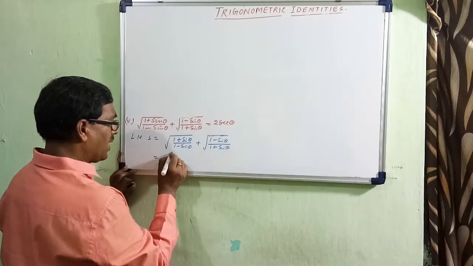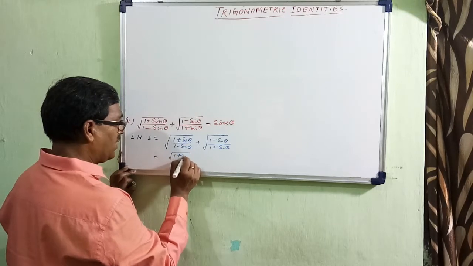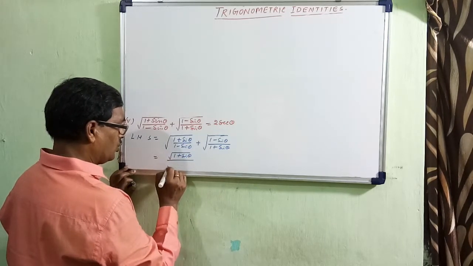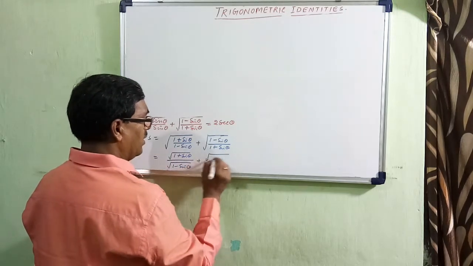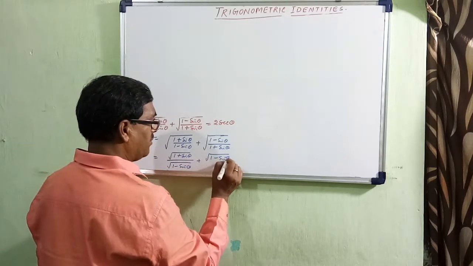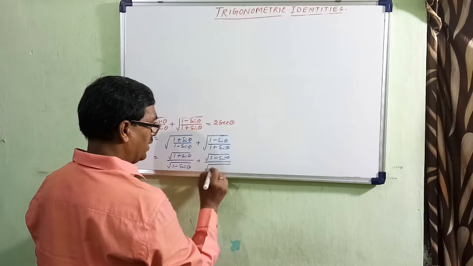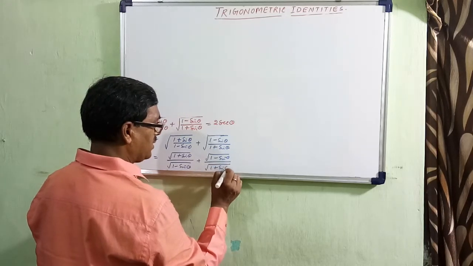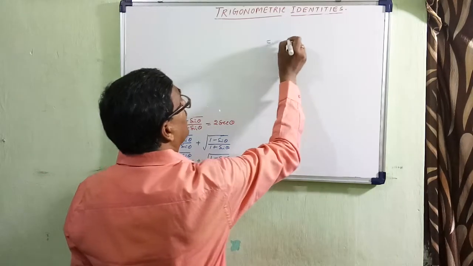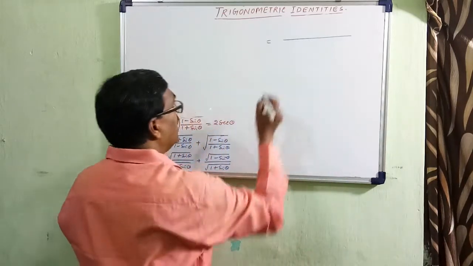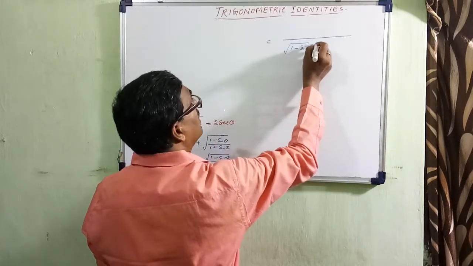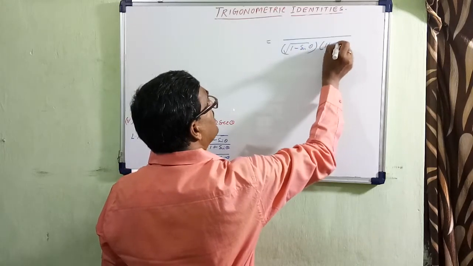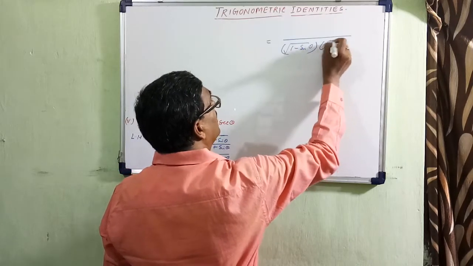This can be written as root over (1 plus sin theta) by root over (1 minus sin theta), plus root over (1 minus sin theta) by root over (1 plus sin theta). Then what is the LCM? LCM will be root over (1 minus sin theta) into (1 plus sin theta).